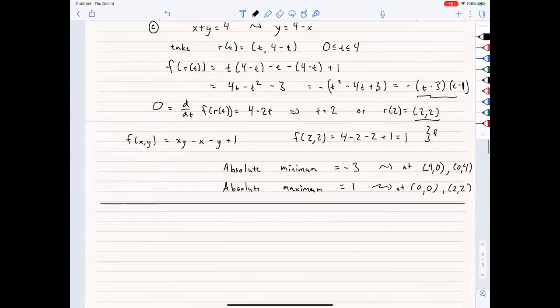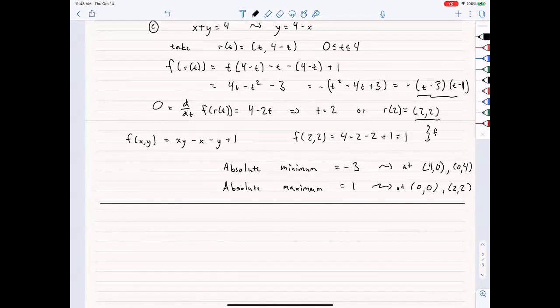So often, the boundary of your domain is equal to a single constraint. So it's equal to the set of points satisfying a single constraint, where g is a nice function.